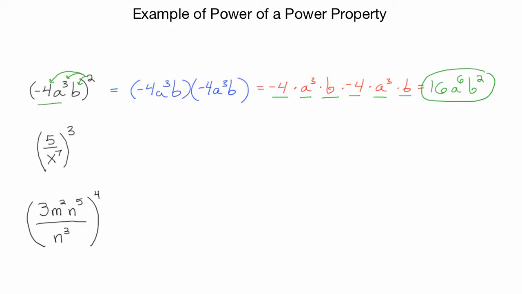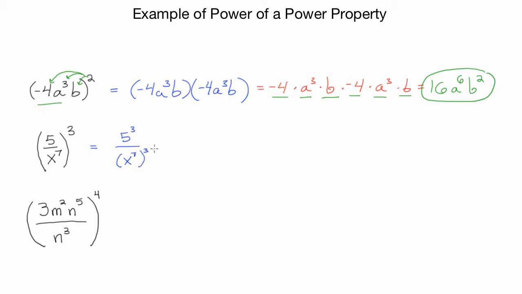Let's look at another example here. Now I've got a fraction. I've got 5 divided by x to the 7th, all to the third power. Well, we know previously that with a fraction, that third power affects everything in the numerator and everything in the denominator. So I can rewrite this as 5 to the third on top. But on the bottom, I already have an exponent, so it becomes x to the 7th to the third power.